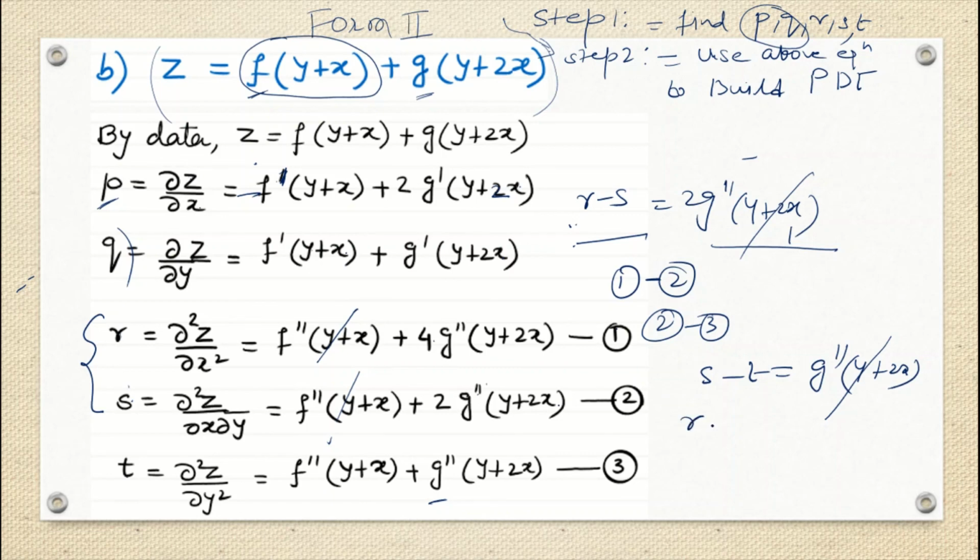That means r minus s divided by s minus t will be 2. Then I can write r minus s equals 2s minus 2t, or r plus 2t equals 3s. R, s, t all are allowed in my partial differential equation. So this I will write down as my required partial differential equation.